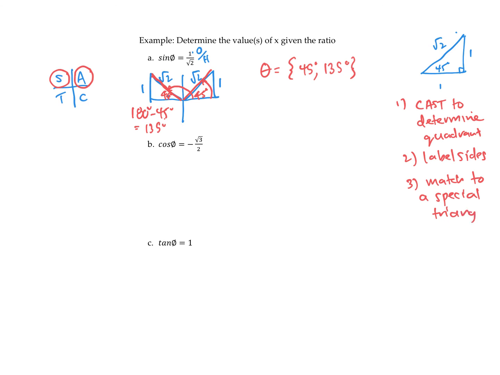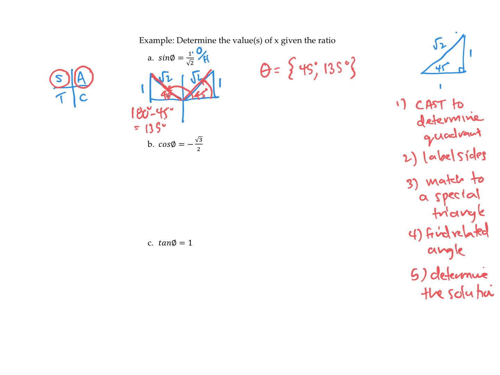What triangle does it look like? Step 4, find the related angle. Based on that special triangle, what angle is it related to? And then the last step, once you know the related angle, you can determine the solution. So those are the steps you always go through. It looks like a lot, but it's not that many.